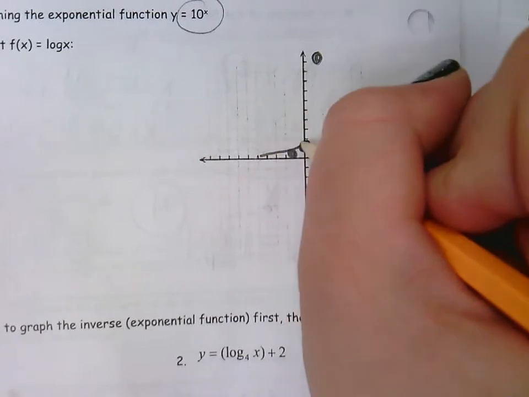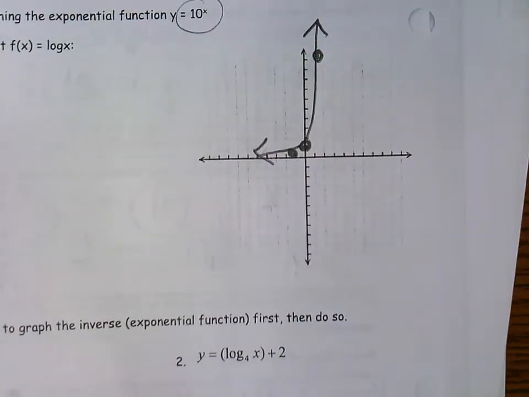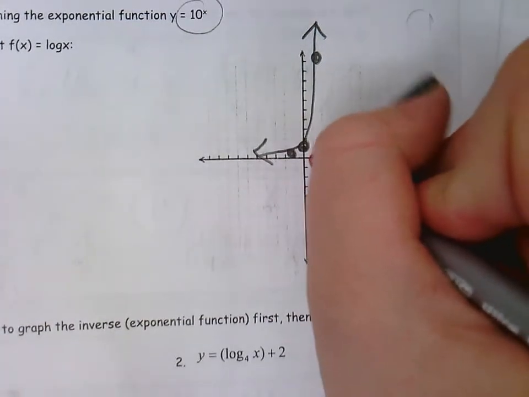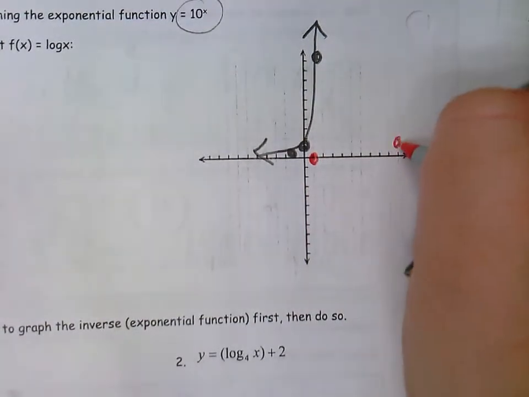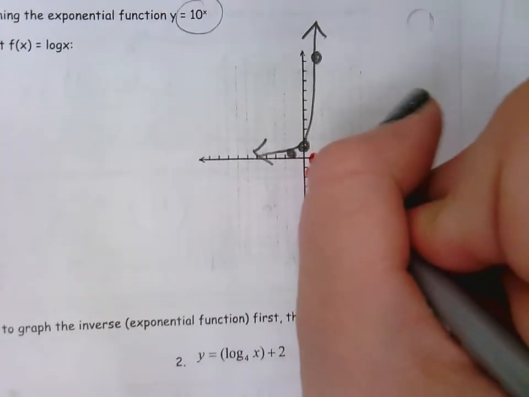So if you have 3 key points on the exponential function, you should be able to find the 3 key points on the log function, right? 1, 0, 10, 1, and 1/10, -1.